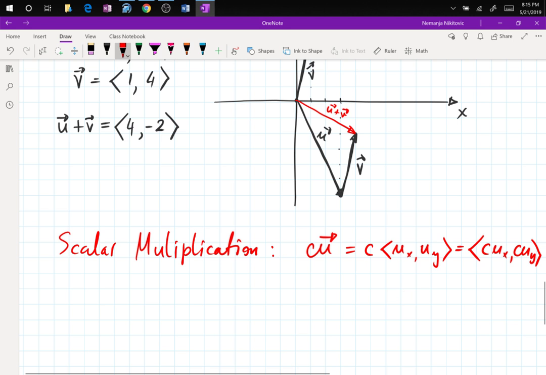And what this does is just scale your vector. You can make it longer, or you can make it shorter by multiplying it with a number.